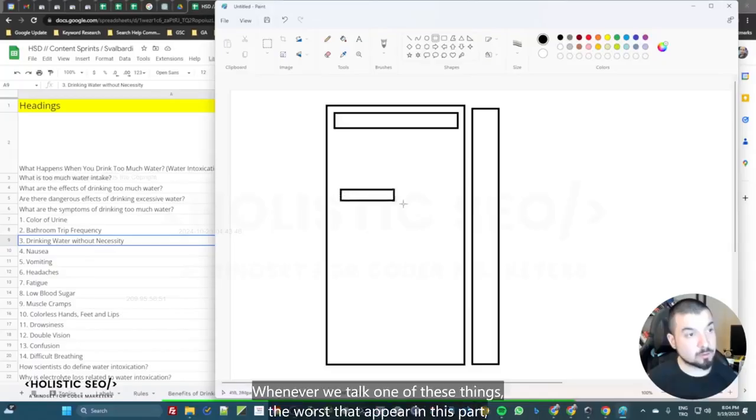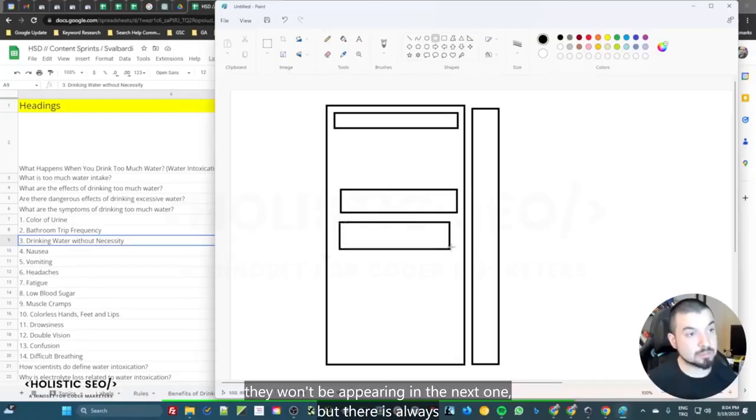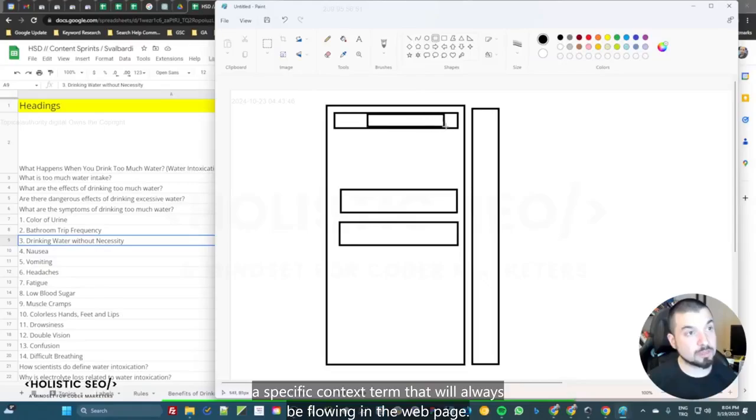Whenever we talk about one of these things, the words that appear in this part won't be appearing in the next one. But there is always a specific context term that will always be flowing in the web page.